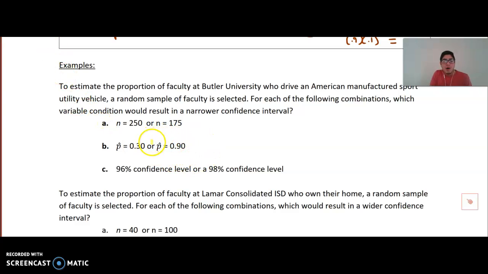If we want a smaller interval, we should increase our sample size. So for A, we'd want a larger sample size. If we want to decrease our interval, we want a proportion that is further away from 0.5. Here, 0.3 is only about 0.2 away, whereas 0.9 is about 0.4 away. So a smaller interval would come from 0.9. And then lastly, we want a smaller interval, so we are going to take the smaller confidence level.